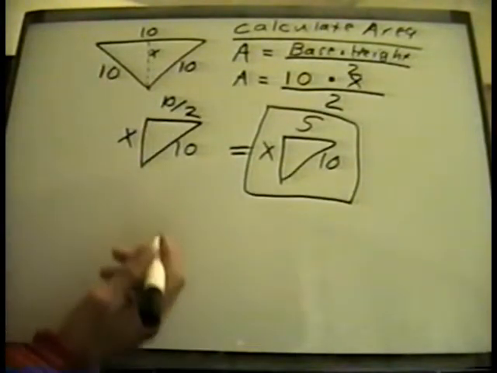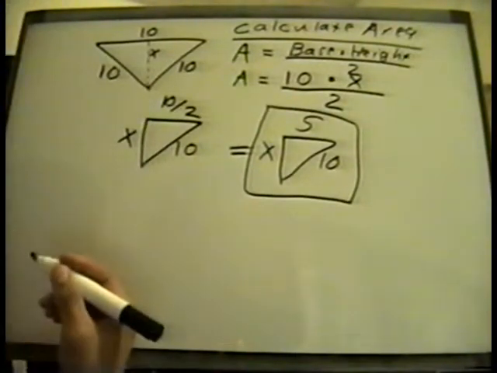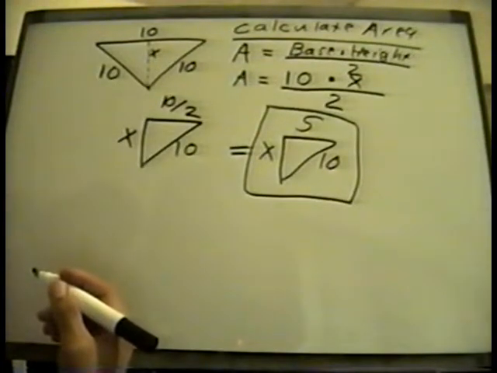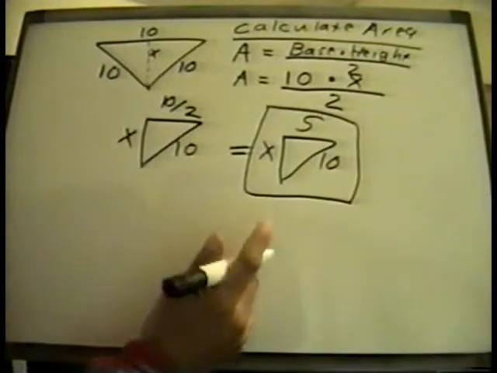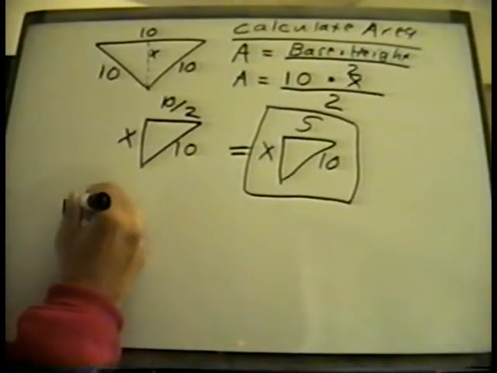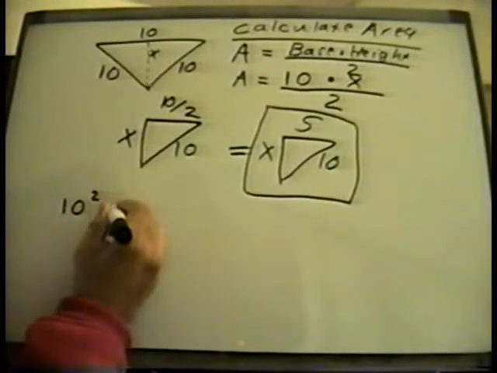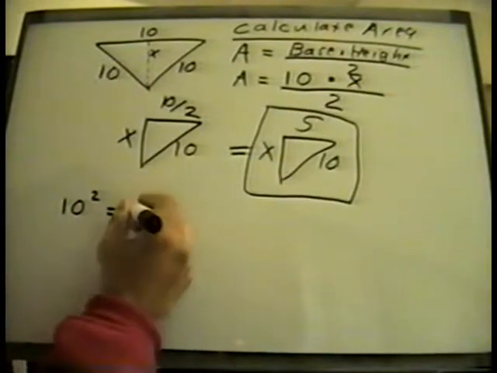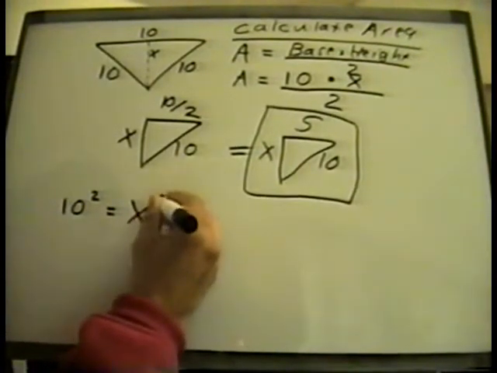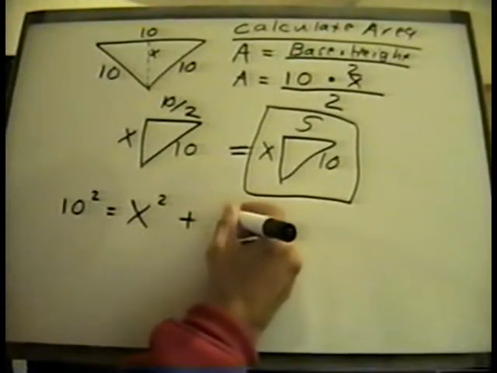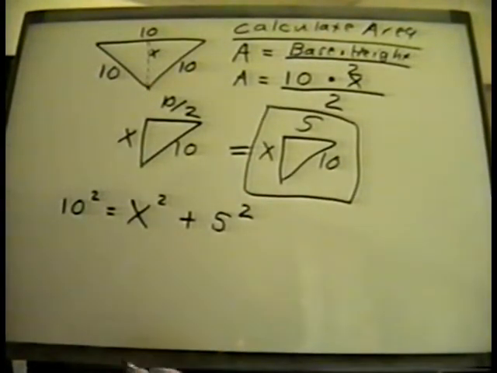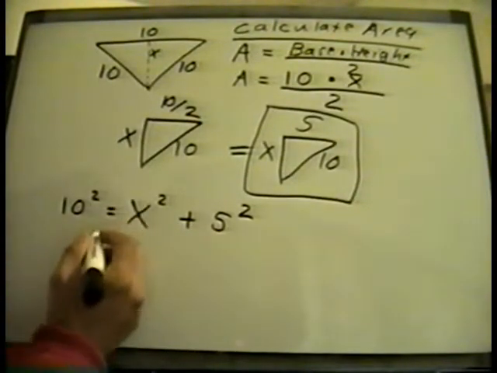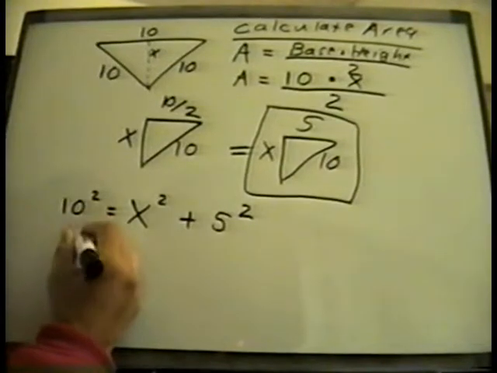And we're going to plug these values into the theorem attributed to Pythagoras. Okay, so 10 is our hypotenuse. So we get 10 squared is equal to the square of x plus the square of 5, or its base.